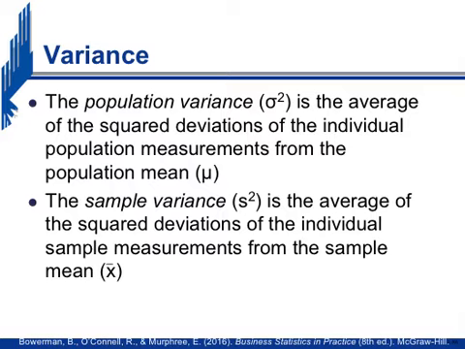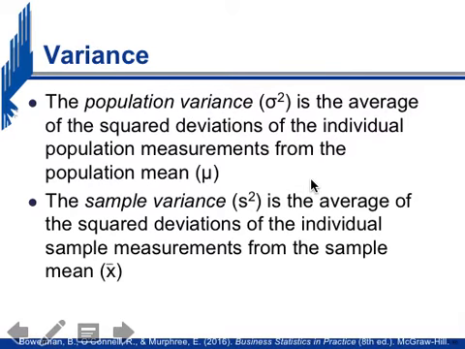And here we make a distinction between a population variance and a sample variance. So the population variance is the population parameter, while the sample variance is the sample statistic. Now, this is a population parameter, so we represent this using another Greek letter, sigma squared. While sample variance is a statistic, so we just represent this with small letter s squared.